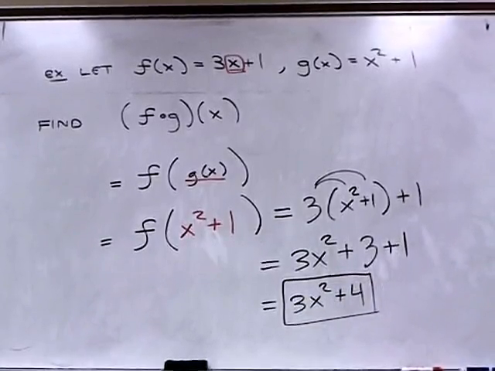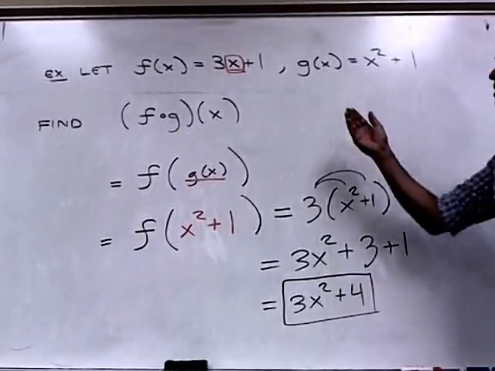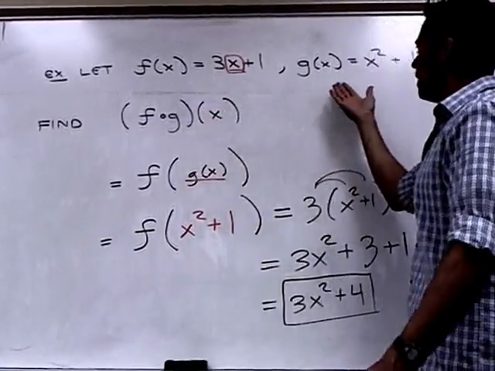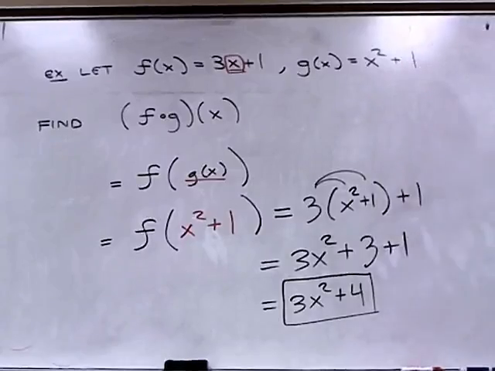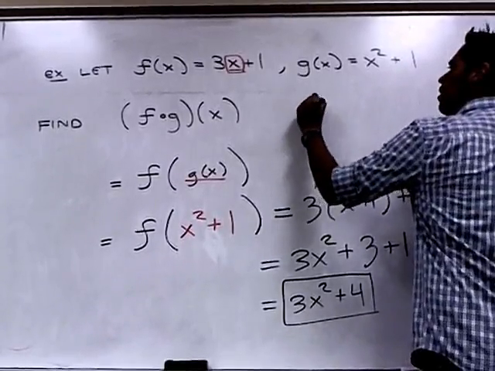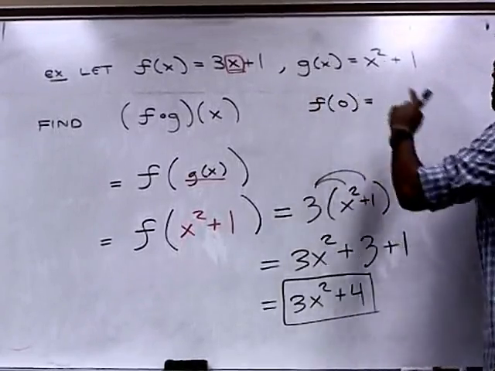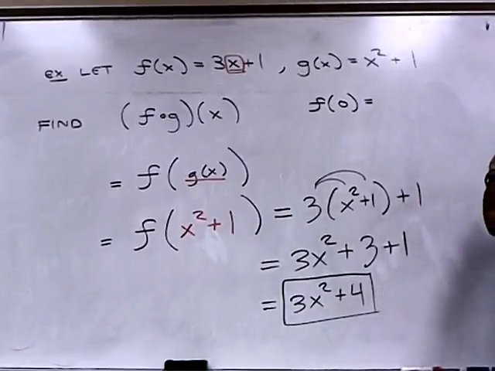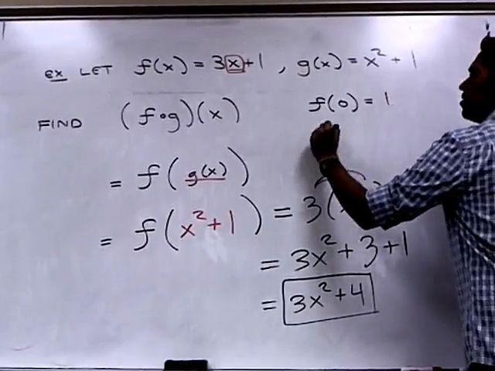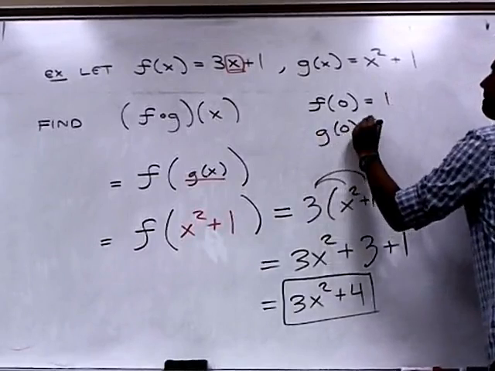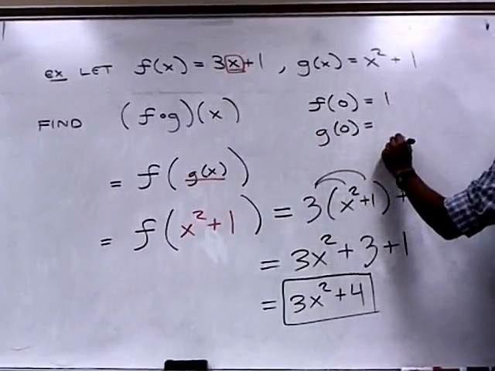Now, let's let the females be f, and let's let the guys be g again right here. Let me ask the females, what's f of 0? 1? Guys, what's g of 0? 1?